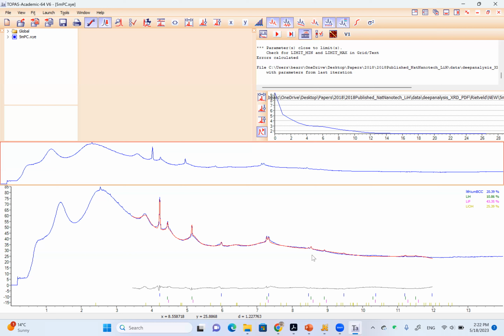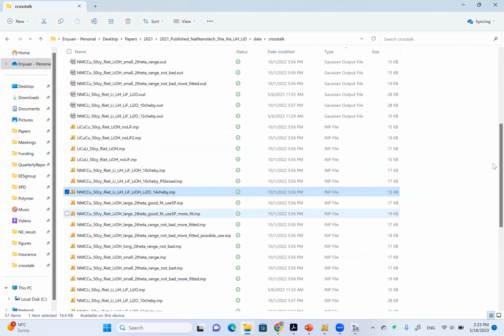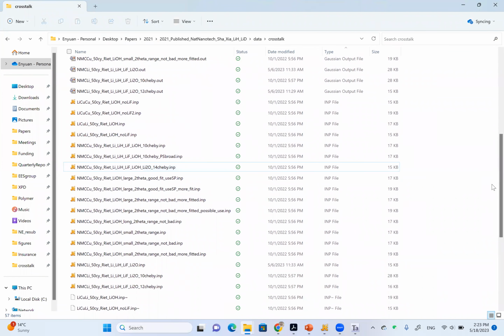And to give you an idea how challenging it is, let me show you a folder. This is one of the folders I created when I was working on some of the data. I was actually working on two datasets.